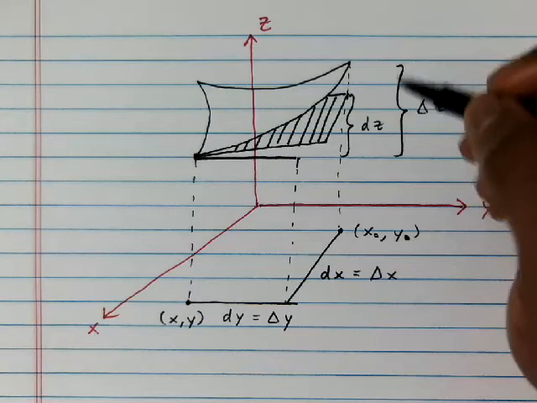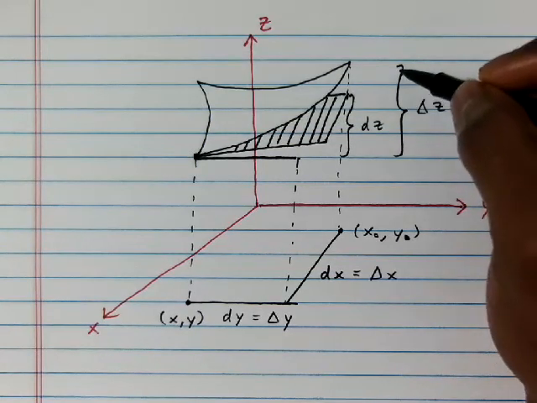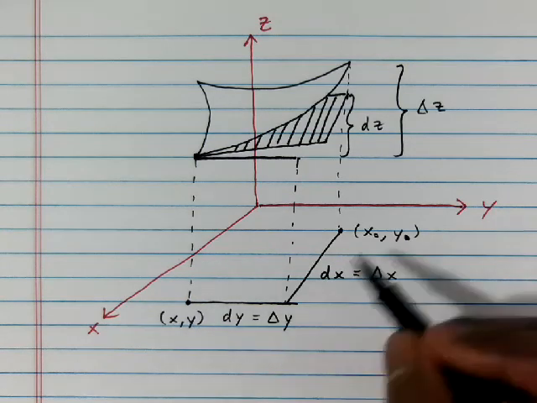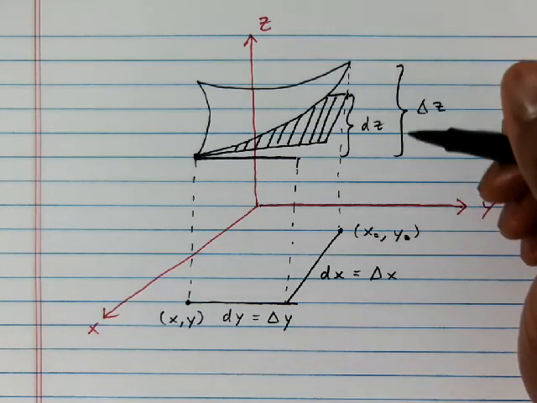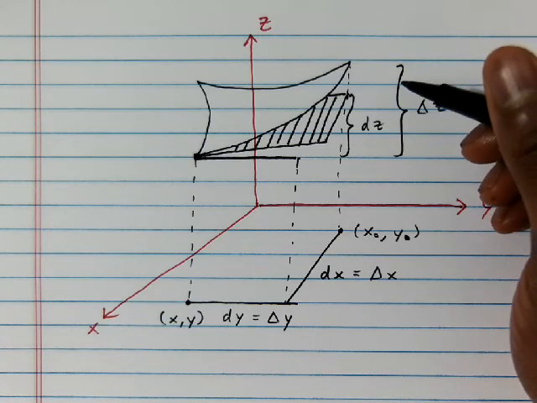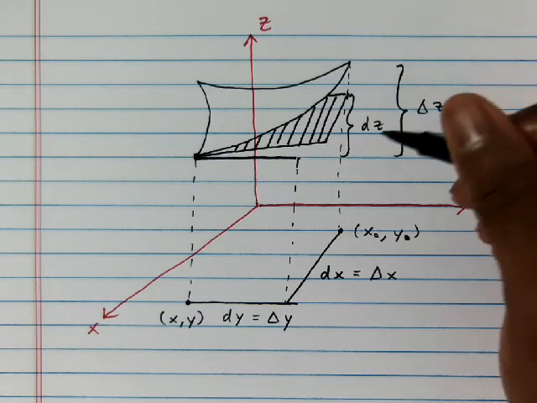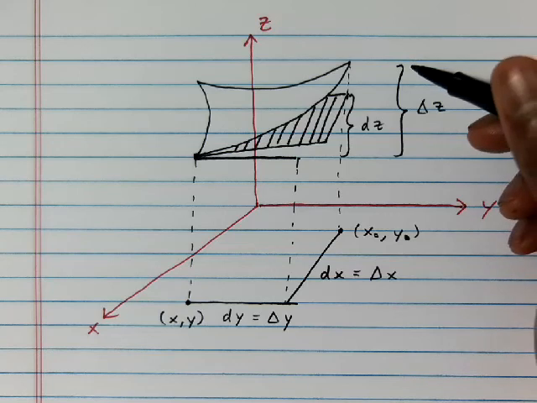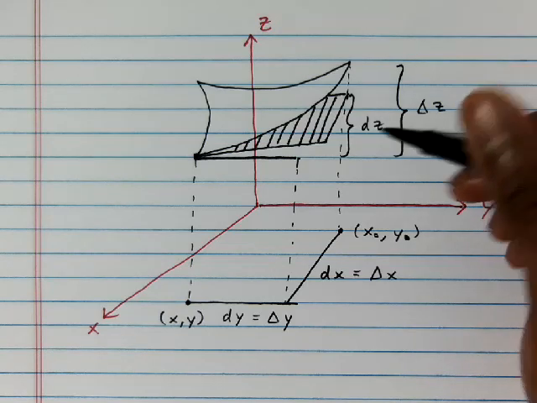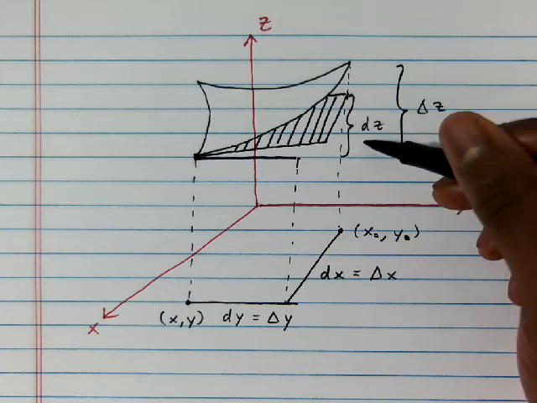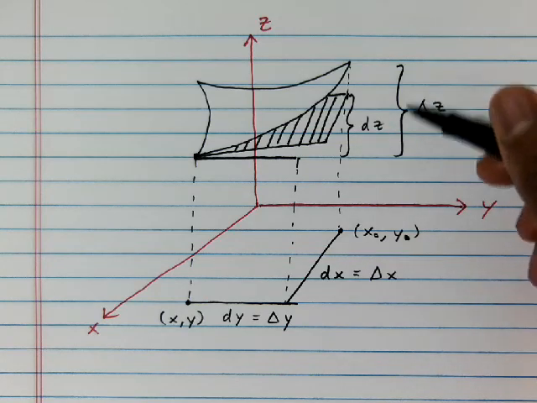So if you were asked what your change in actual surface height is, you use the tangent plane, use the differential, to approximate this change in height, because that actual change is normally a lot more complicated to calculate than this dz is. So this is what we're finding, and what we're doing is actually approximating this height.